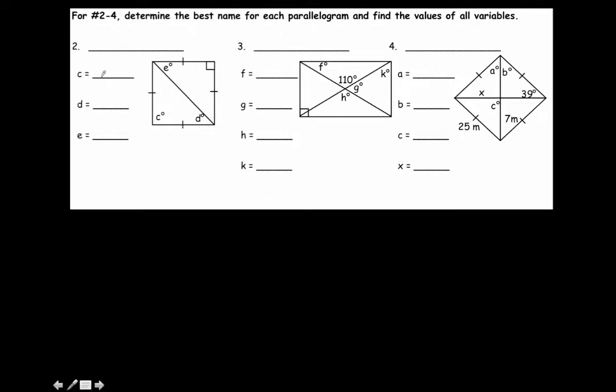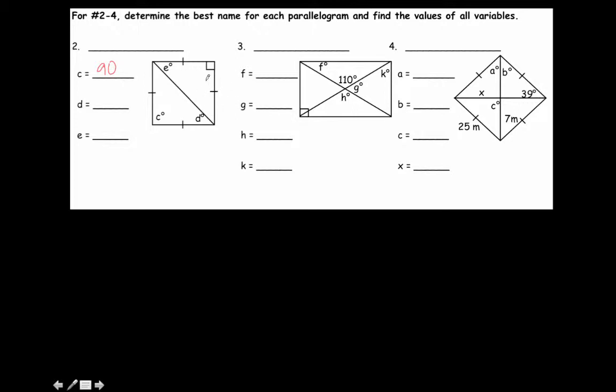Okay, so this one, C has to be square. It has to be 90 because these are opposite. Since these are the same and these are the same, and these are 90, each of these is 90, and these have to be the same.